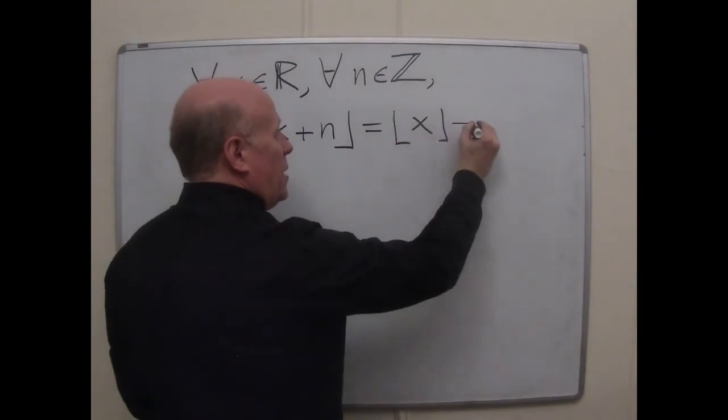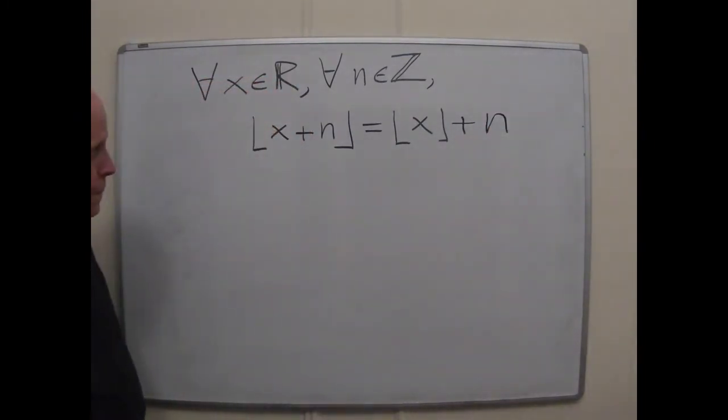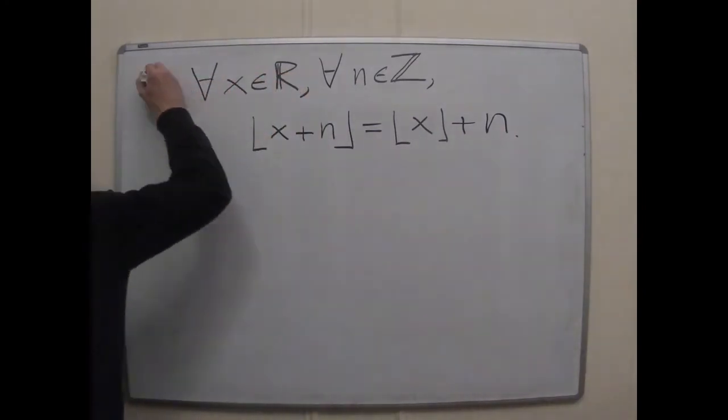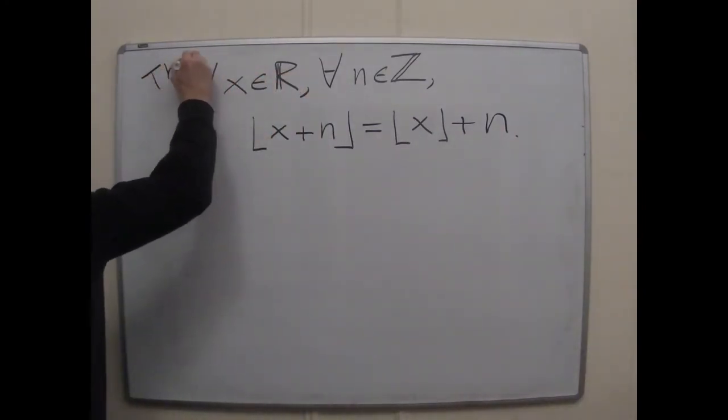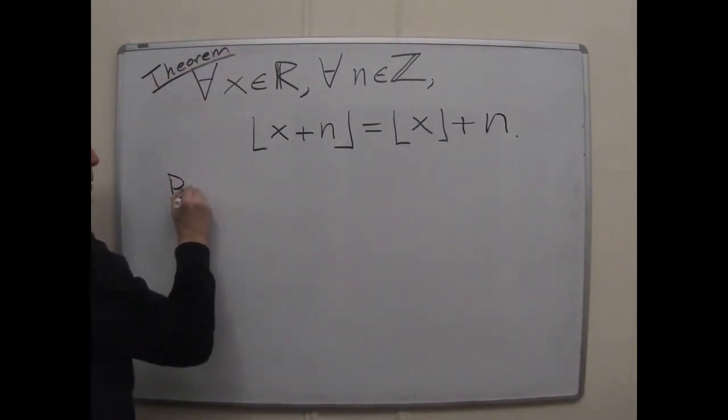In other words, you can just add n on right there. Now, I think intuitively that makes sense, but coming up with a way to argue that it's true, that's a little tougher. I keep forgetting to label my theorems. Sorry. It's a theorem. Let's do the proof.